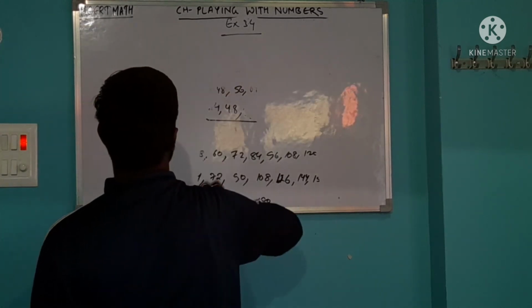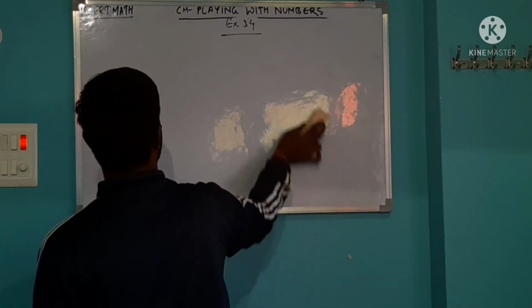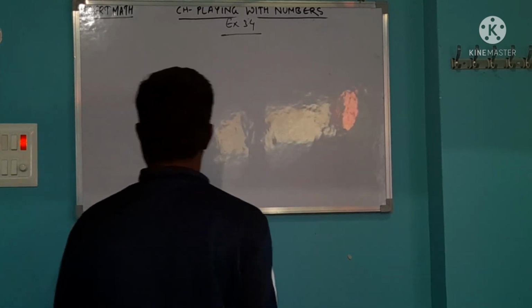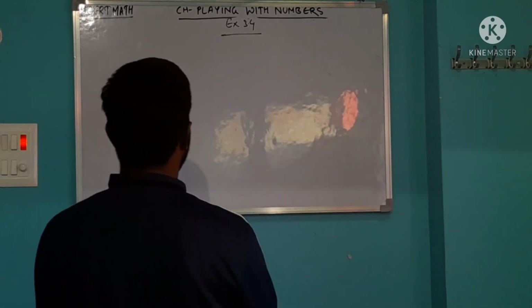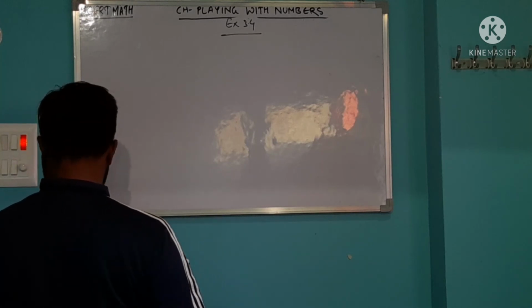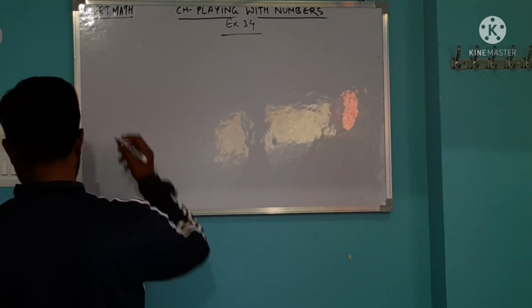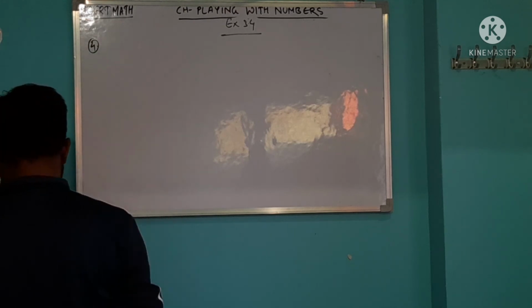Always try to write the first 10 multiples of the given number. After that, if the ask is more and you don't find suitable common multiples, then write further numbers. So here we have question 4.